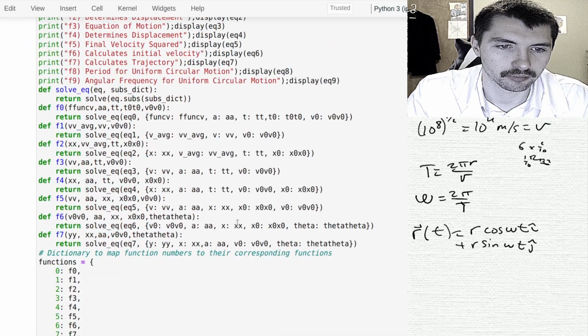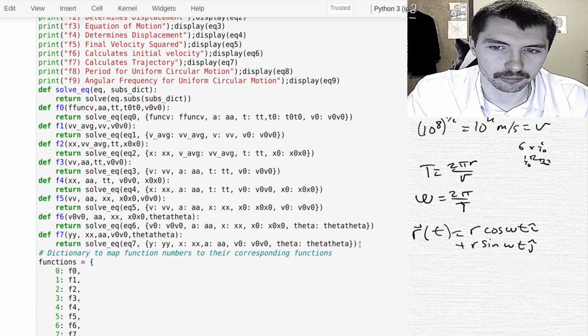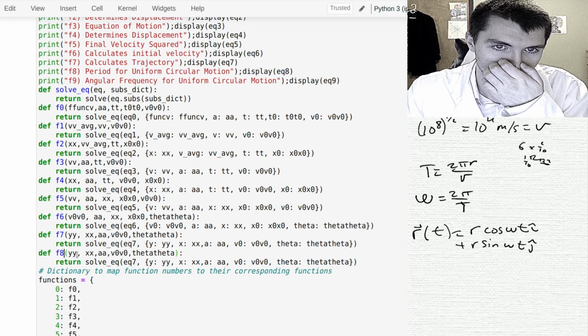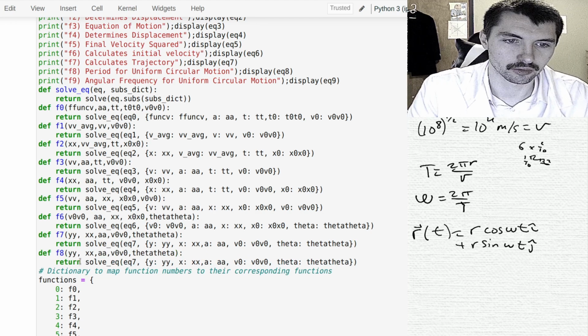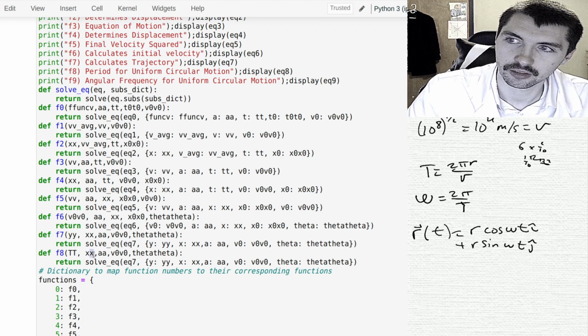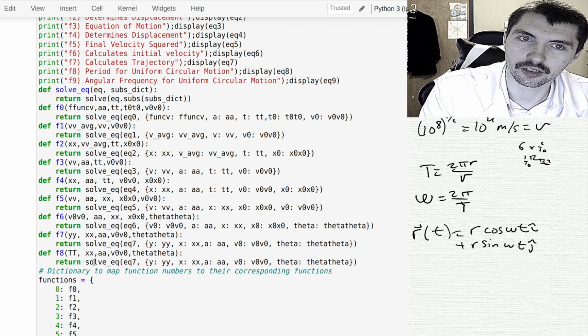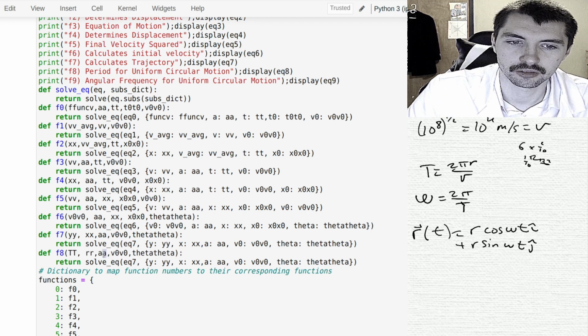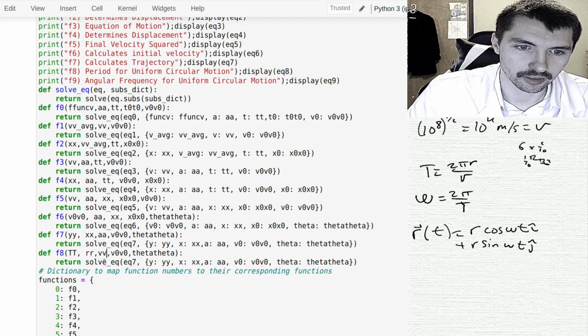Now we can do the more tedious part. Okay, so F8. So F8 is GT. So we're going left to right, top to bottom. So it'll be RR and VV.